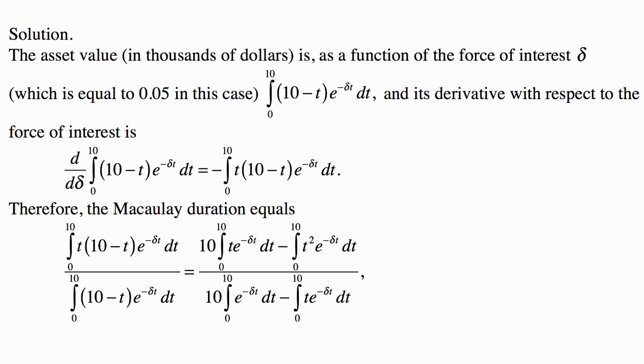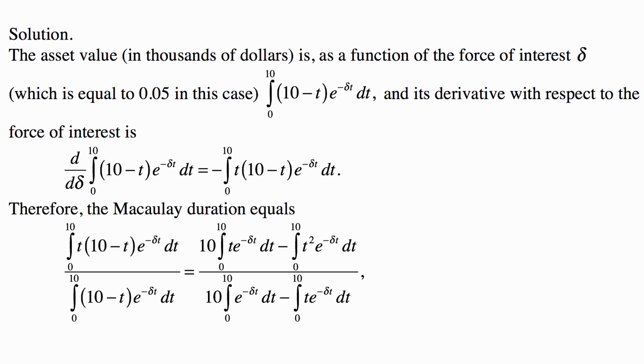Therefore the Macaulay duration equals the ratio of minus the derivative, so we take out the minus in front of that integral, and it's just the integral from 0 to 10 of t times (10 minus t) e to the minus delta t dt, divided by the price, which is the integral from 0 to 10 of (10 minus t) e to the minus delta t dt. The top integral can be split into a difference of two integrals.